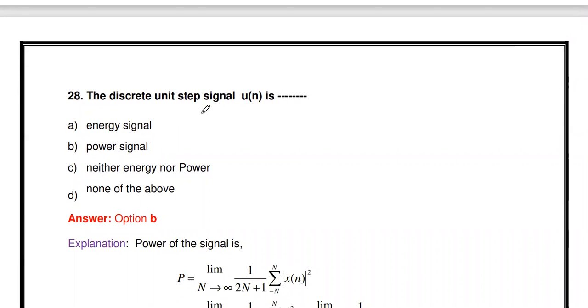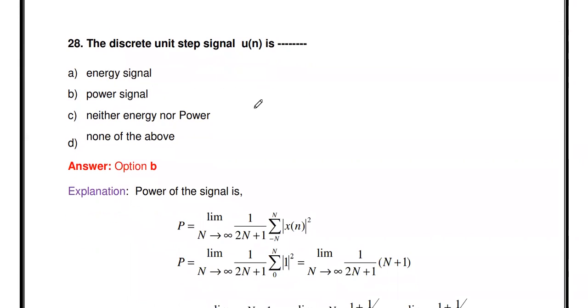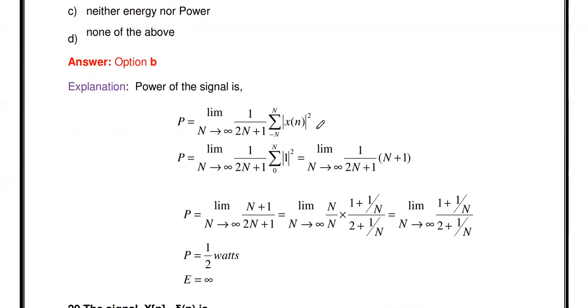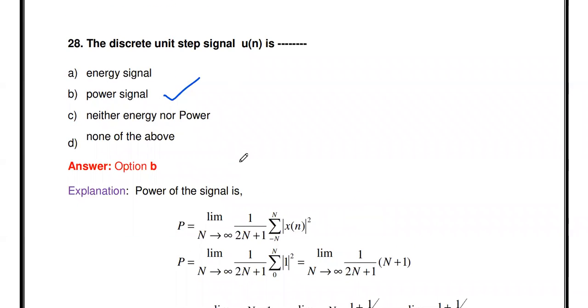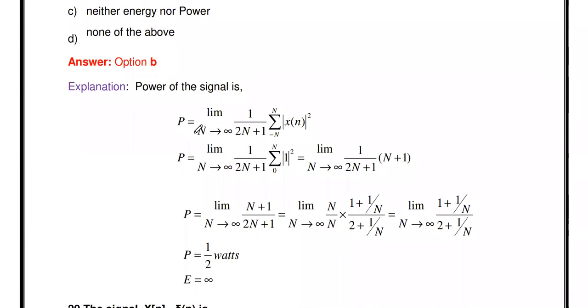Then the discrete unit step signal u of n is: energy, power, neither energy nor power, none of the above. It's a power signal. This is the calculation to find the power. If the power is finite, it's a power signal.